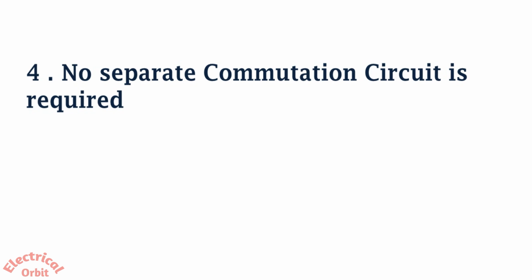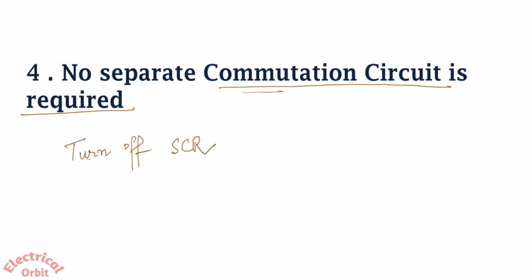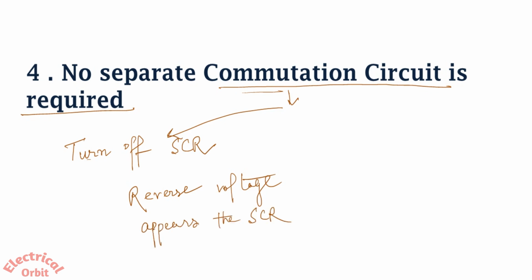Next, no separate commutation circuit is required to turn off a thyristor or SCR. Commutation means turning off. In an AC system, a reverse voltage appears across the thyristor because we know in an AC system the voltage is always alternating. So this negative voltage appears across the thyristor, and when we need to switch off the thyristor, we don't need any separate commutation circuit.